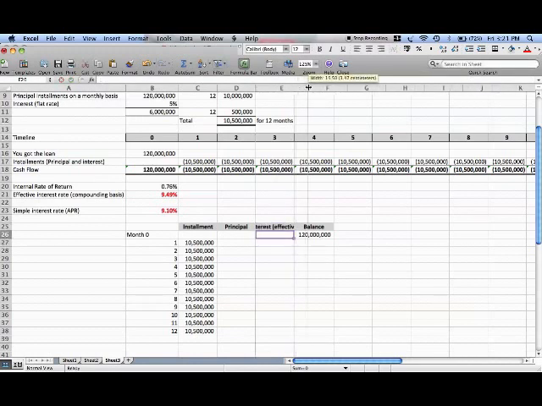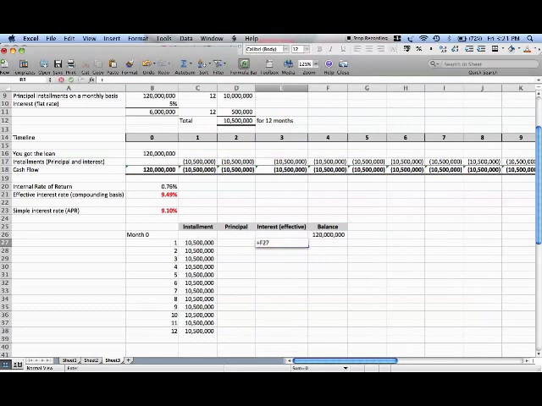So it's 120 times this amount. Right, so the balance will be this one minus this one. This is for 1 year.